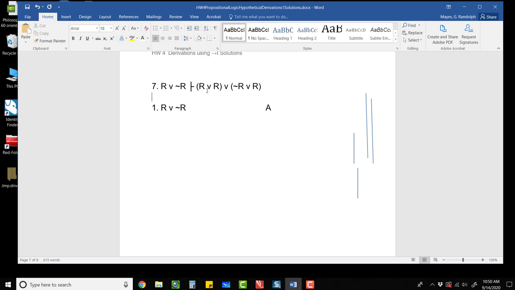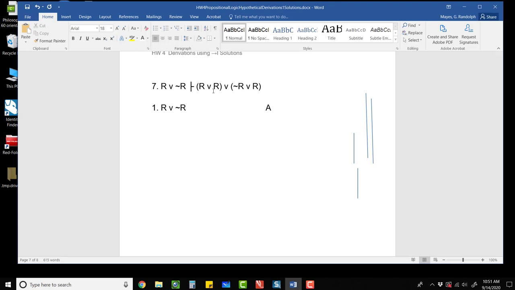And one is going to be if R, then everything over here, right? And the other will be if not R, then everything over here, okay? And that's easy because it just involves successive applications of disjunction introduction.